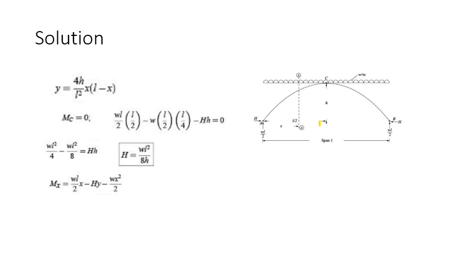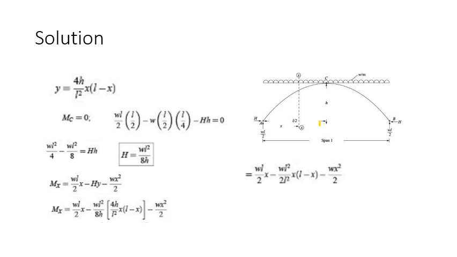So substitute the value of y as 4h by L square into x into L minus x. If you simplify further, 4, 8 gets cancelled out, and h gets cancelled out. So you get the equation as WL square by 2h into Lx minus x square, divided by L square.